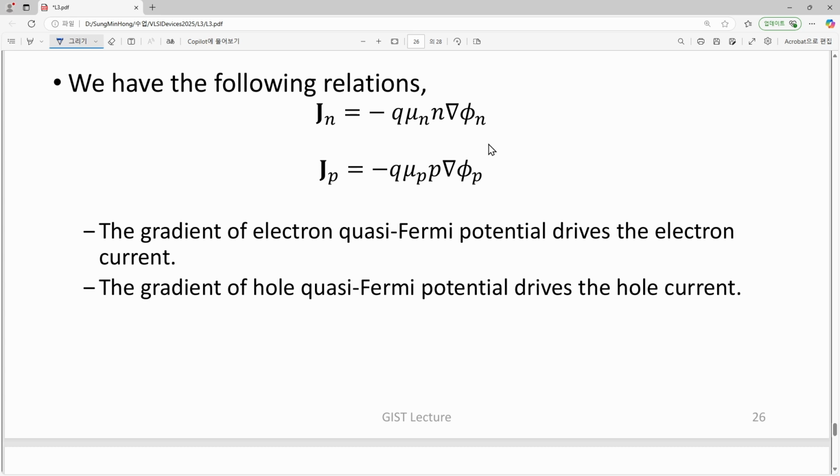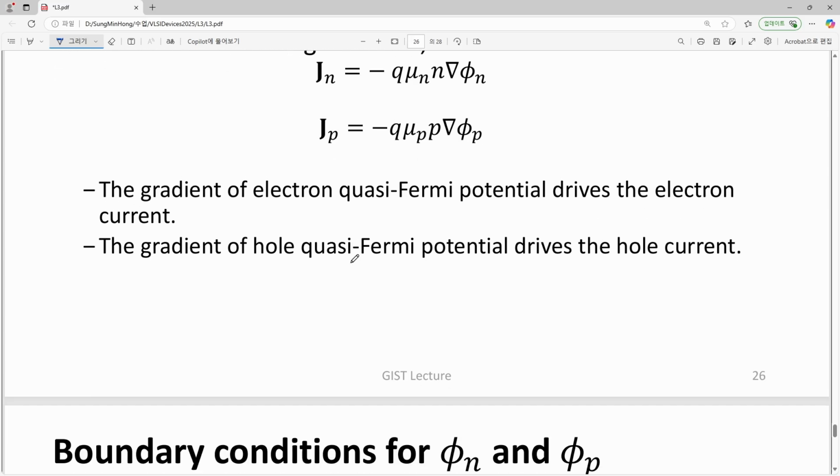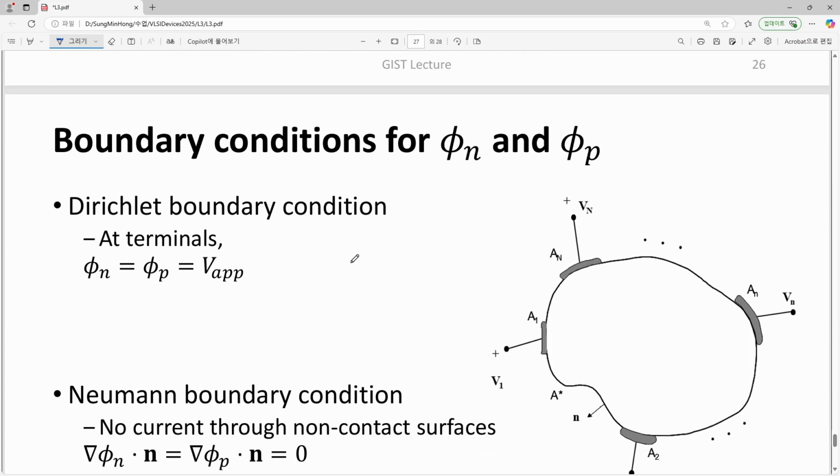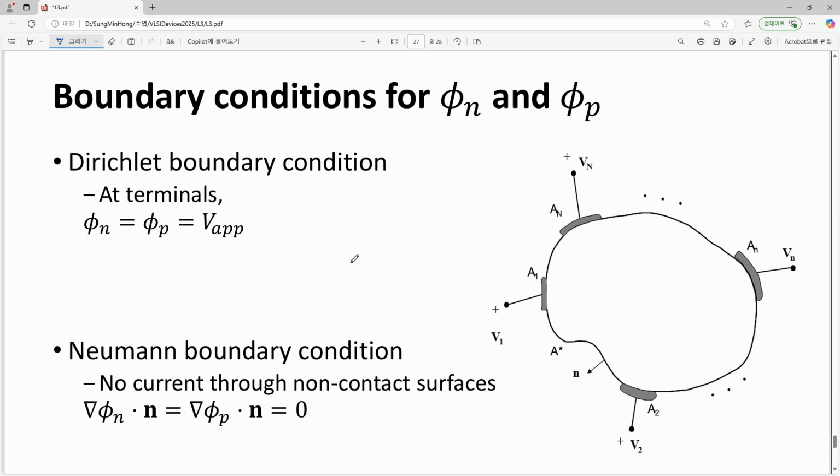Once we have the electrostatic potential and electron density, then from these two numbers we can recalculate this electron quasi-Fermi potential. But conceptually it is quite useful. But anyway, we wanted to know the boundary condition for these two quasi-Fermi potentials. Fortunately, we have these two rules.